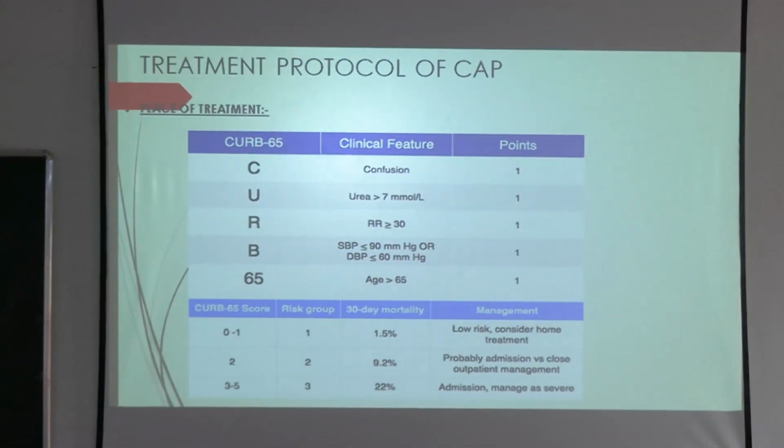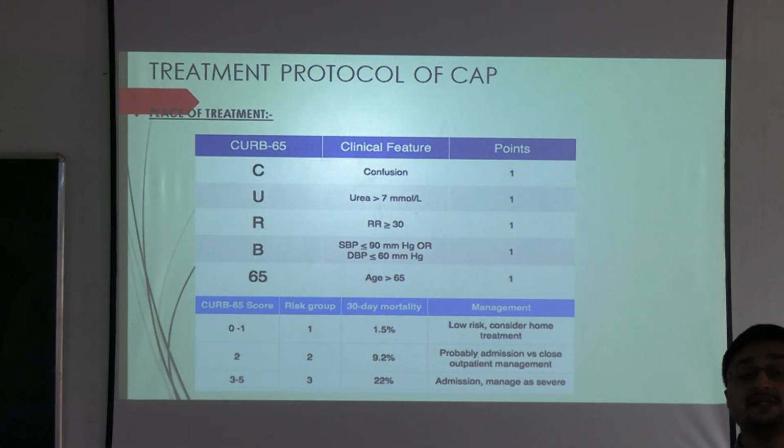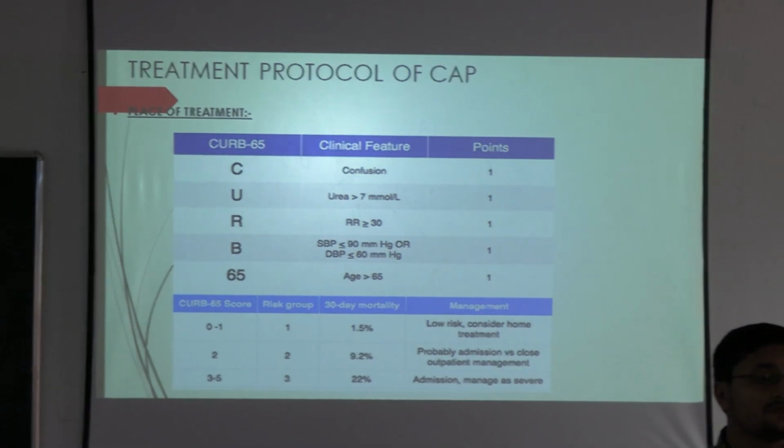So place of treatment, you should assess by CRB 65 or CURB 65. Nowadays urea cannot be estimated in bedside. So CURB 65 score is replaced by CRB 65 because it is more feasible to assess.